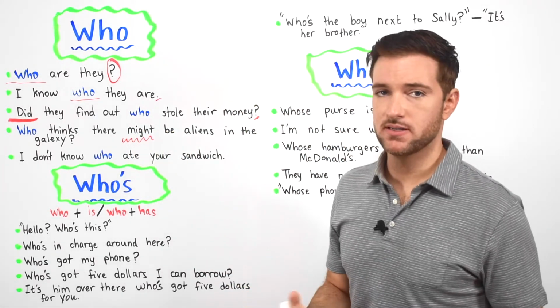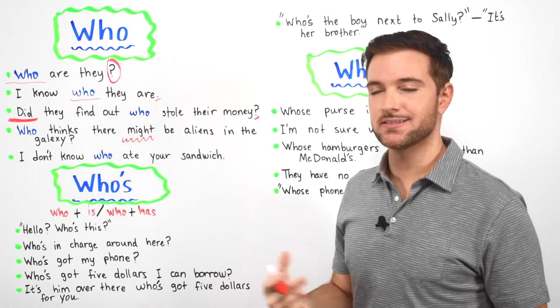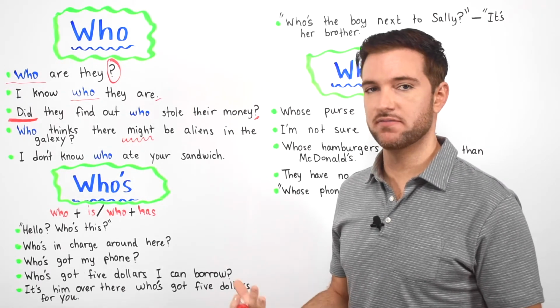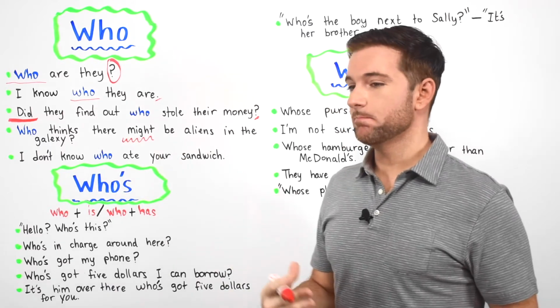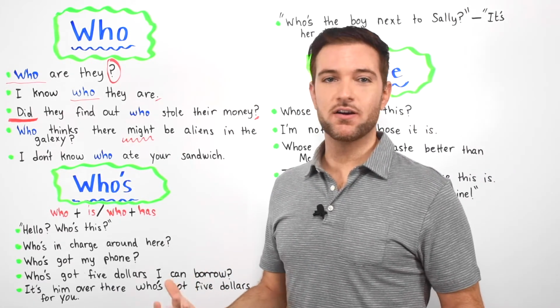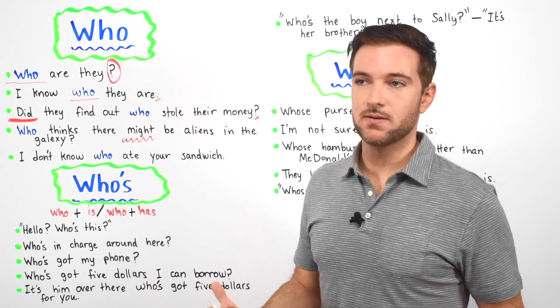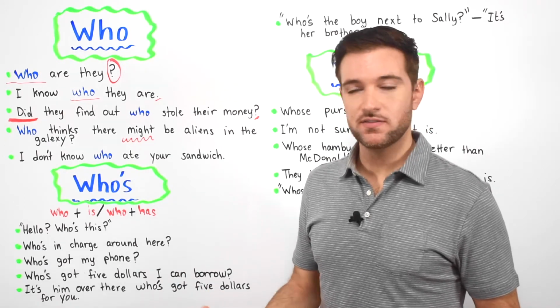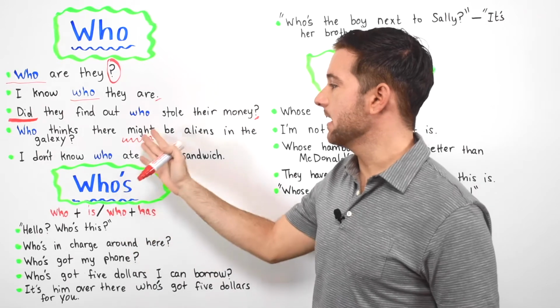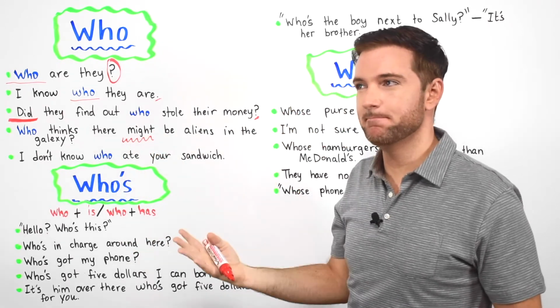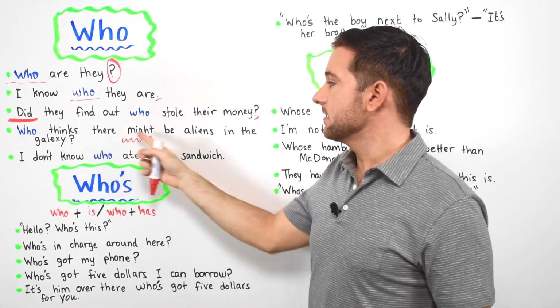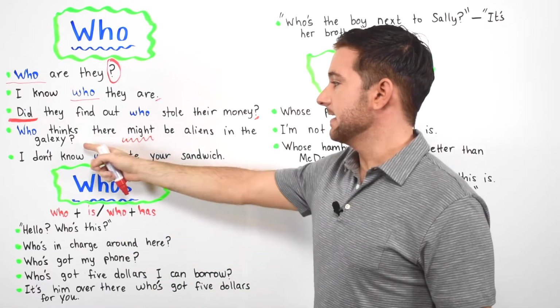Not a probability. We're not talking about it being 60% certain or 70% certain. We're talking about might, okay? What probability is there that there are aliens in the galaxy? I don't know, but maybe it's less than 50, maybe it is 50, or maybe it's around there, so we say might because you're not sure. Okay, it's just something that you think and you're like, who thinks there might be aliens in the galaxy?